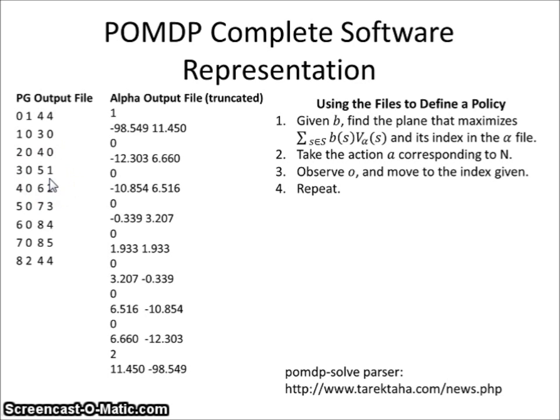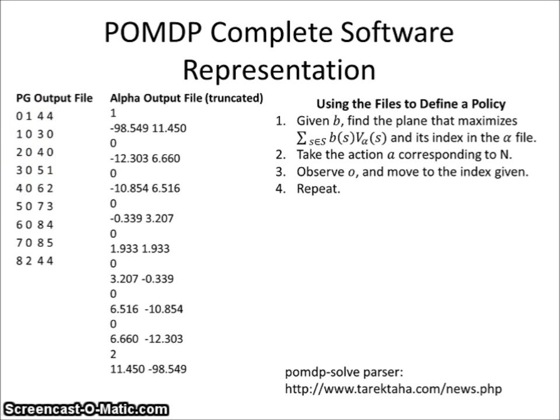Then that's telling us to look at the first line here in the PG file, and then we can take our next action, which is going to be to listen, and then we get an observation, and either left or right is going to tell us which line to go to in the PG file.